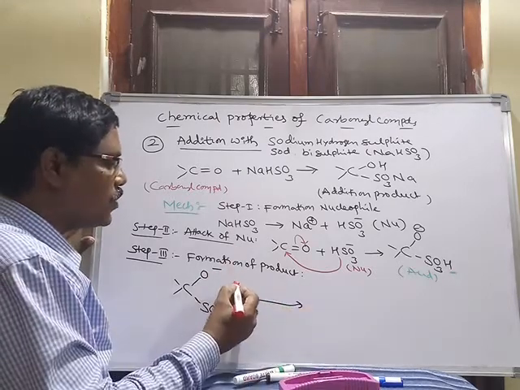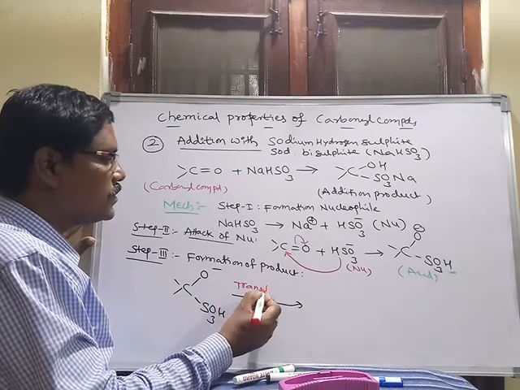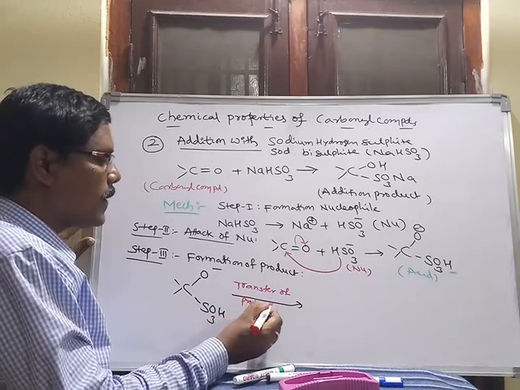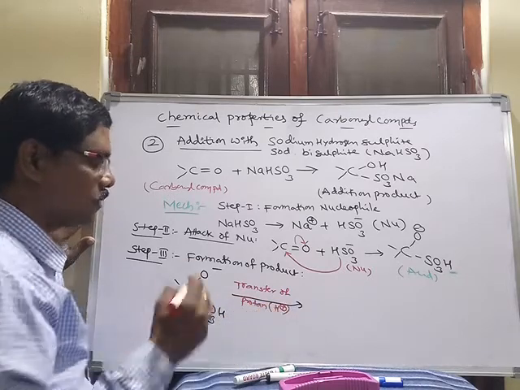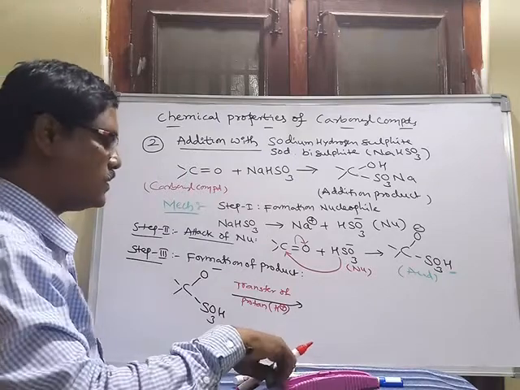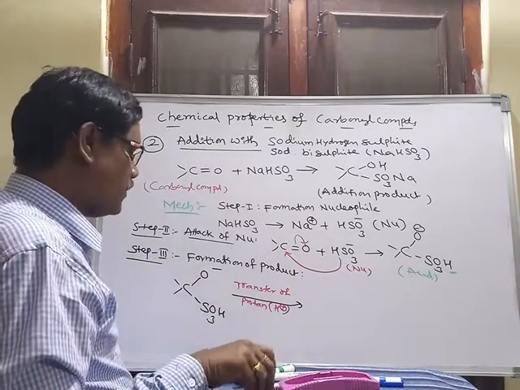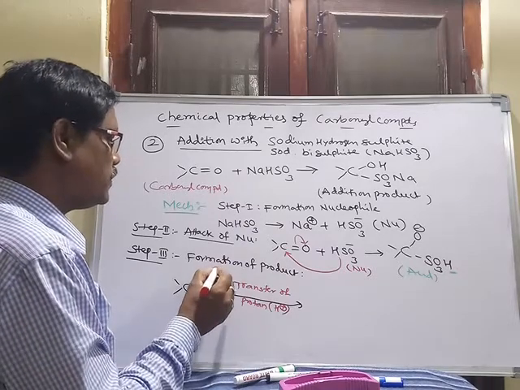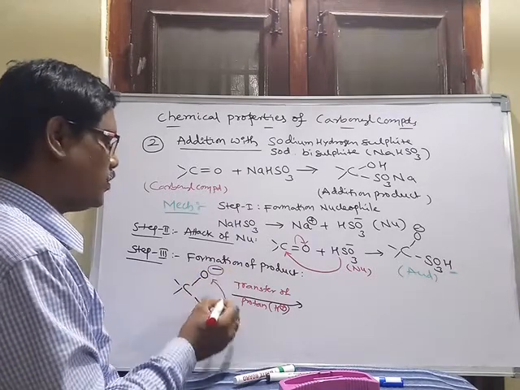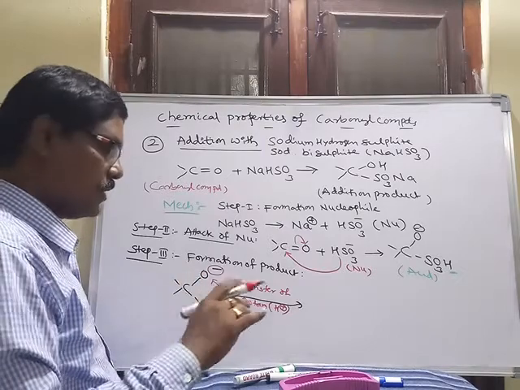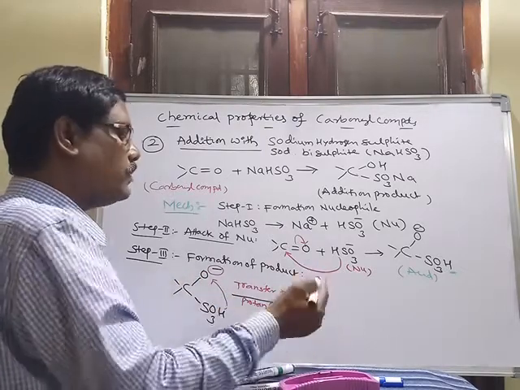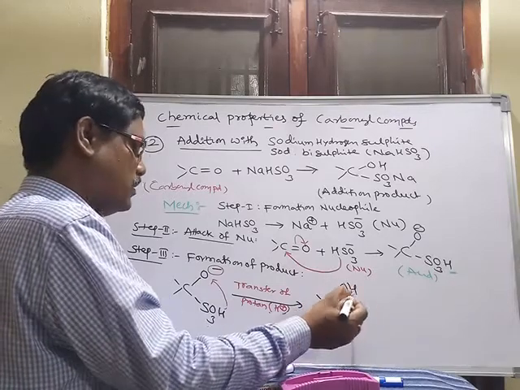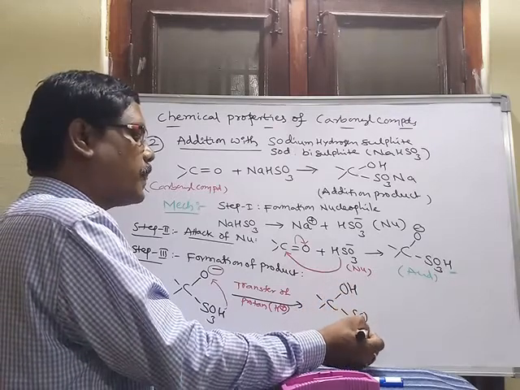The H plus is transferred from the SO3H to the O minus, where the negative charge is already present, forming the OH bond and leaving SO3 minus.